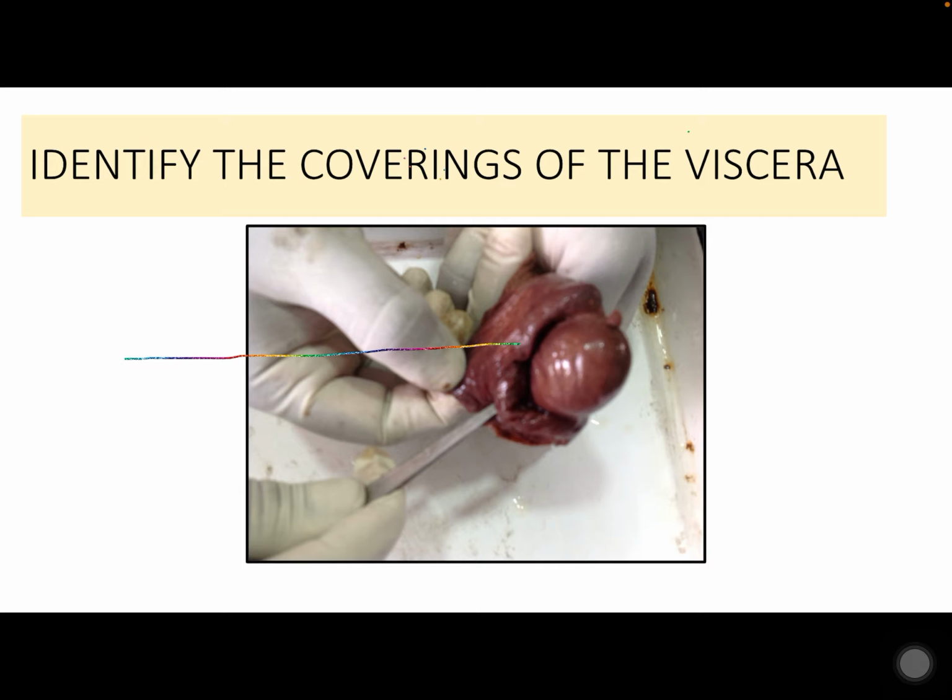Intrinsic coverings are 3 in number, outer to inner: tunica vaginalis, tunica albuginea and tunica vasculosa. Extrinsic coverings are skin, dartos muscle, external spermatic fascia, cremasteric muscle and fascia, internal spermatic fascia. So in the spotters we may have the question: identify the side of the viscera and write the coverings of the viscera. So like that the questions may be.